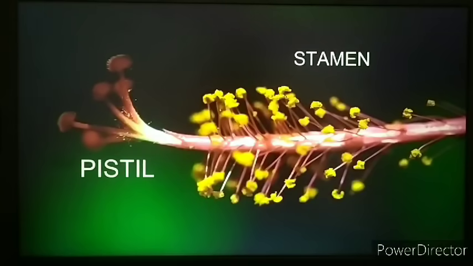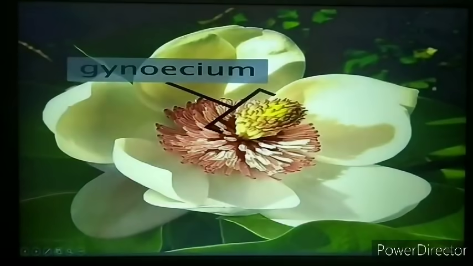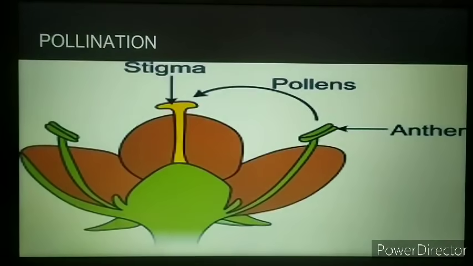Now, the next question is, what is the process called when pollen is moved from the stamen to the pistil of the flower? The process is called pollination. What is it called? Pollination.